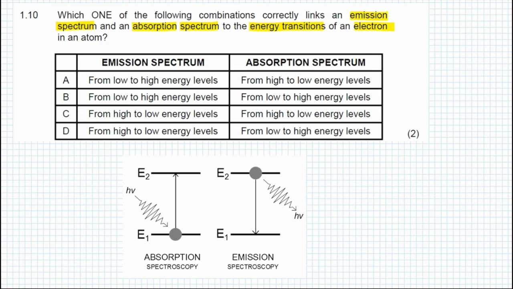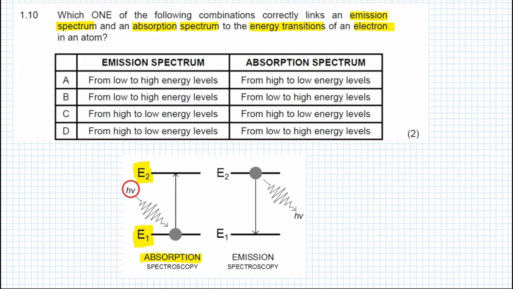So, the key word in absorption spectrum is the word absorption. What is being absorbed? Well, it is energy. Energy, most often in the form of light. An electron will absorb energy. And of course, if it absorbs energy, it's going to move from a lower energy level, here energy level 1, to a higher energy level, which here is energy level 2.